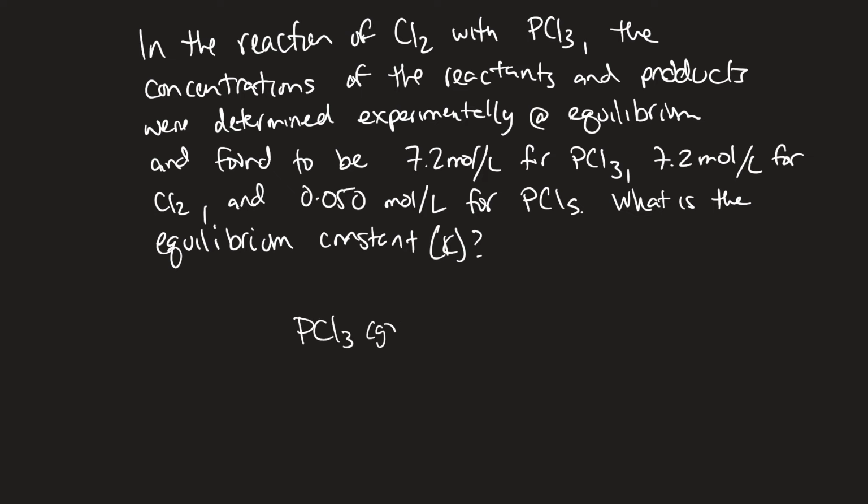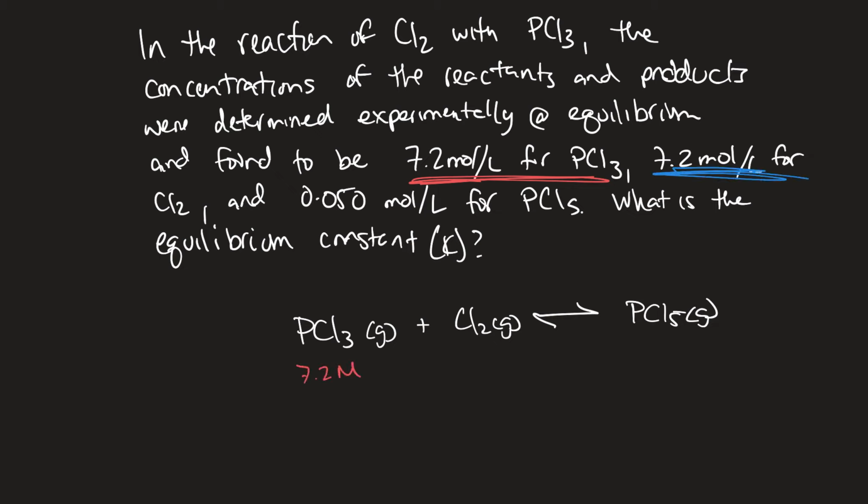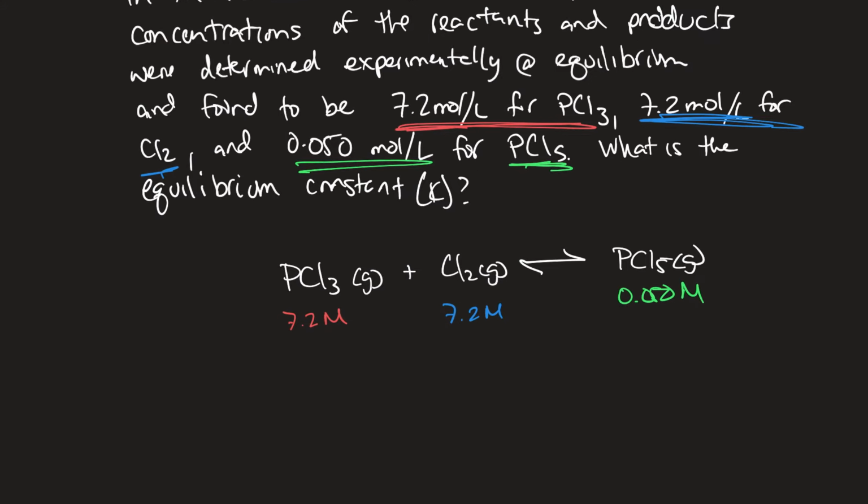PCl3 gas plus Cl2 gas are in equilibrium with PCl5 gas. The concentration of PCl3 is 7.2 molarity, the concentration of Cl2 is also 7.2 molarity, and the concentration of PCl5 is 0.050 molarity.